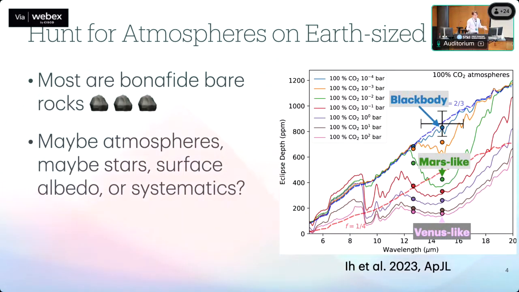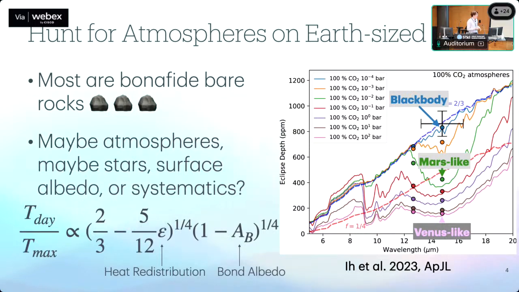A potential avenue to a less ambiguous interpretation is analyzing all these observations on the population level to explain potential trends in key planet parameters. In this work, we did this by homogeneously rederiving the brightness temperature ratio.